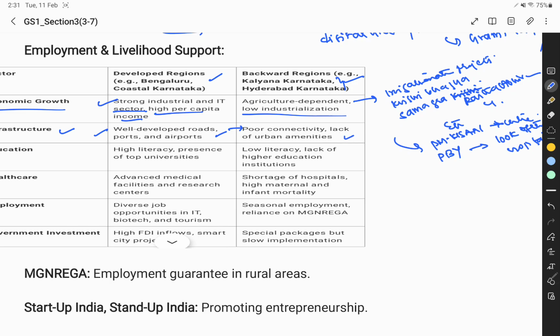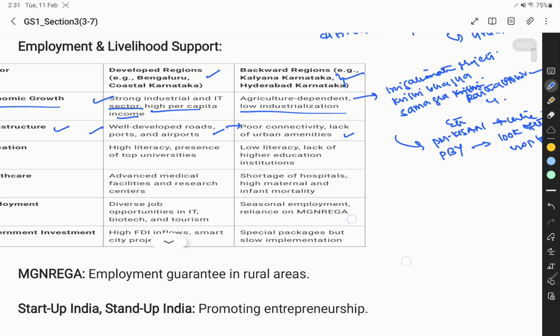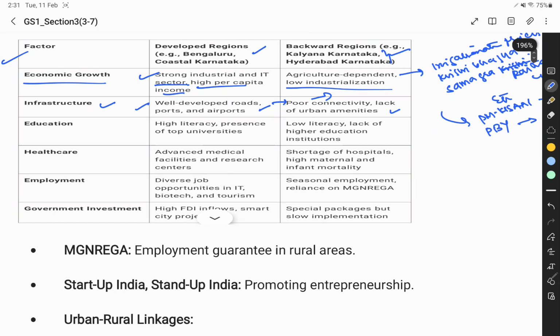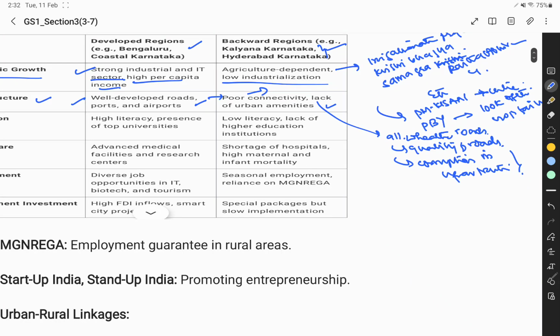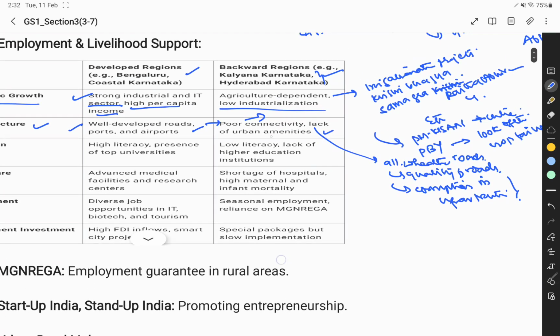This is the difference with respect to backward regions, where we have poor connectivity, especially a lack of all weather roads, then quality of roads, then corruption in infrastructure projects. These are some of the challenges while implementing connectivity.